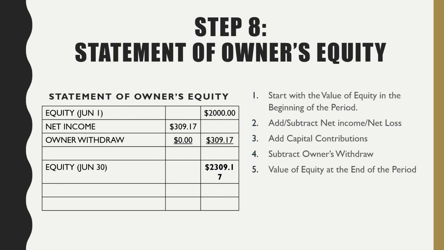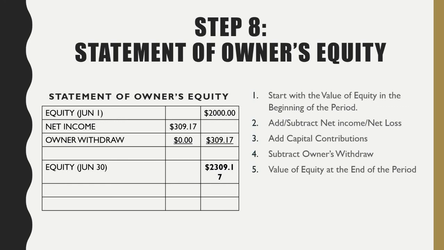So you would start with what you began with when you started the business. In this example, here's your $2,000. Now, because we made a profit in net income, we decided to add in $309.17 because we were reinvesting that money back into the company. And of course, anything that affects your equity is going to be your capital contributions, meaning did you invest more of your own money into the company? Yes or no?